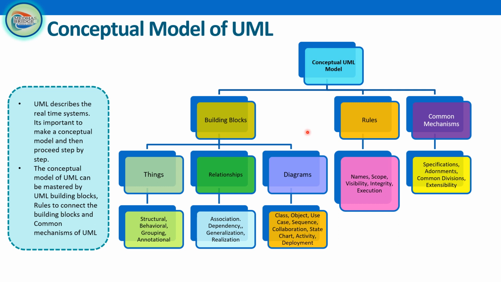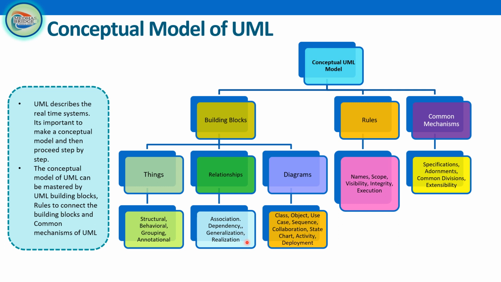We have building blocks, rules, and common mechanisms. What is meant by building blocks? We have things like structural, behavioral, grouping, and annotational. We also have relationships among the things or entities like association, dependency, generalization, and realization.